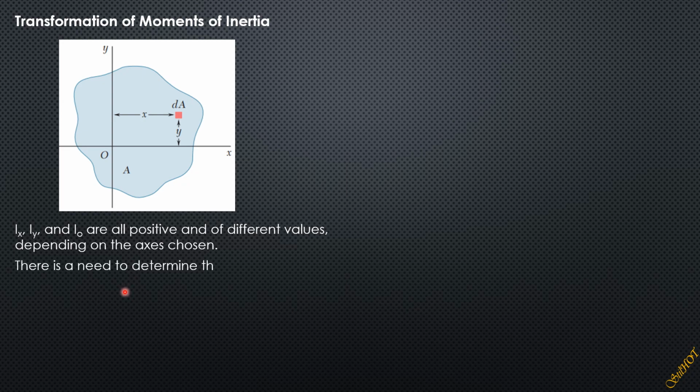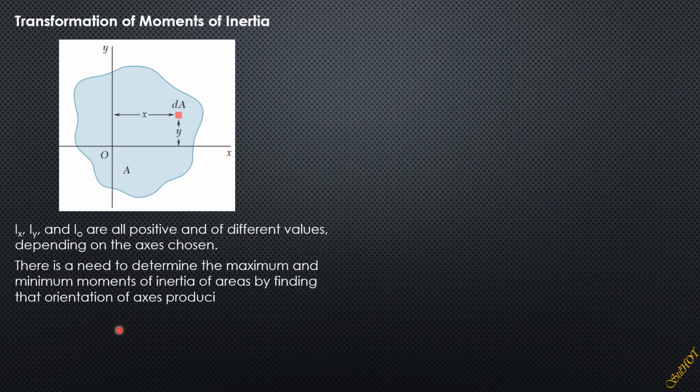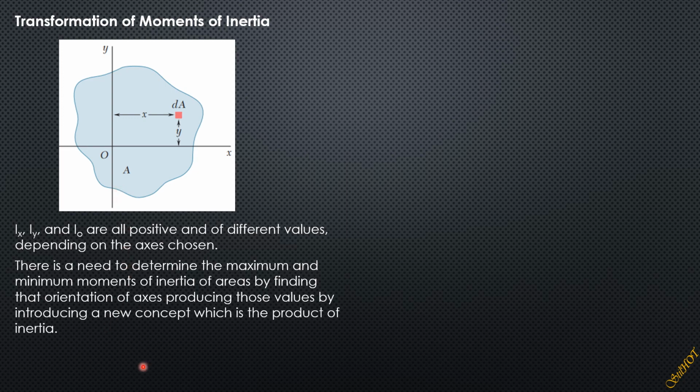There is a need to determine the maximum and minimum moments of inertia of areas by finding that orientation of axes producing those values, by introducing a new concept, which is the product of inertia. So in this video, we will focus first on deriving formulas for various orientations of common shapes and figures.